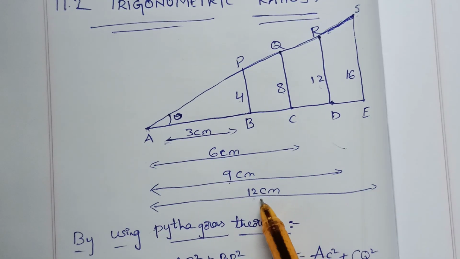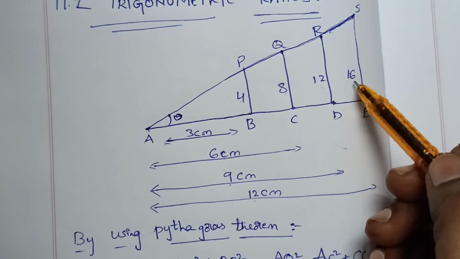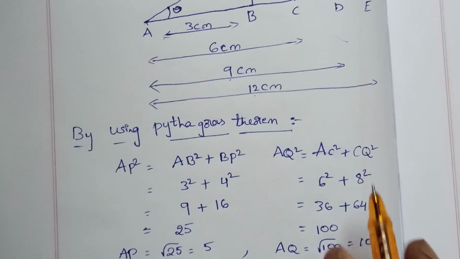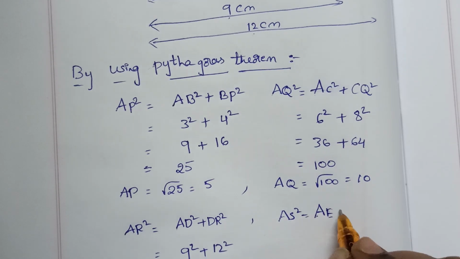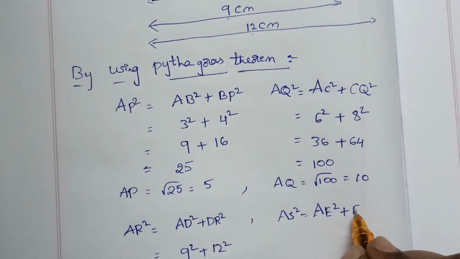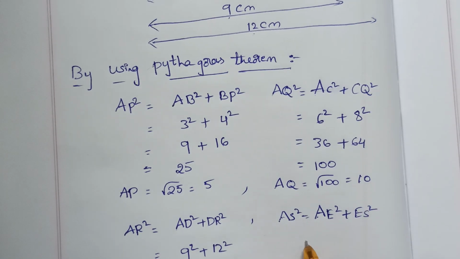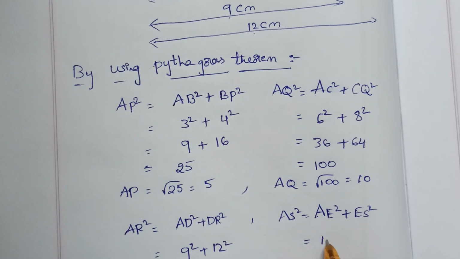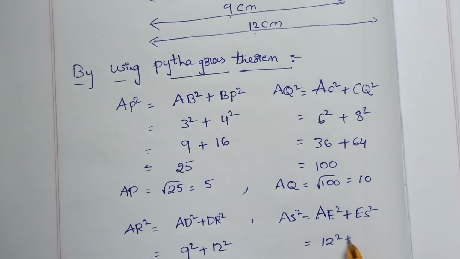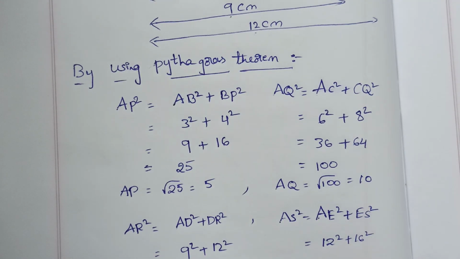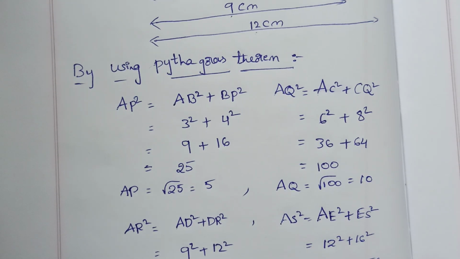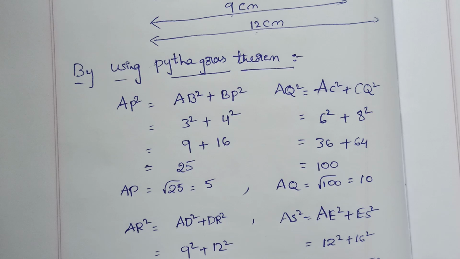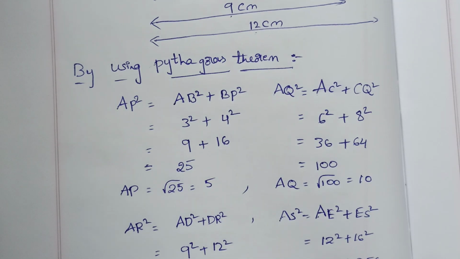Here AE length is 12 centimeters and ES length is 16 centimeters. 12 square plus 16 square, that is equal to 144 plus 256, that is equal to 400.